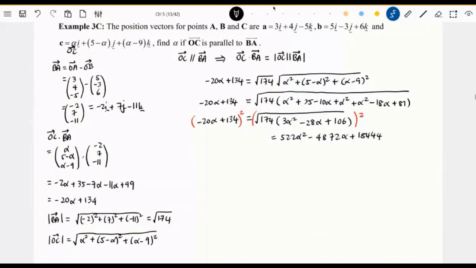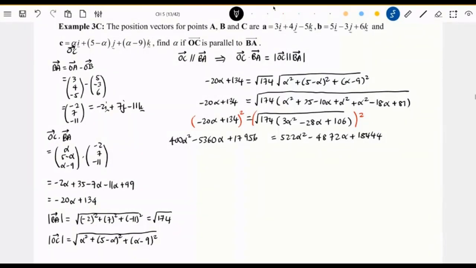Okay. Jangan takut dengan nilai yang besar, it doesn't matter. On the left hand side, we're going to have 400 alpha square, and then the middle part, we have negative 5360 alpha. And then 134 square, we're going to have 17956.